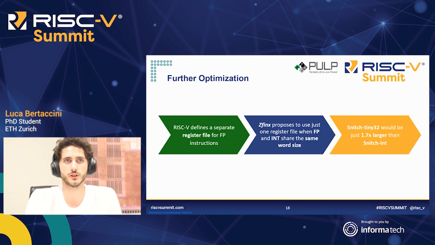So this is not standardized yet, but if we implemented this solution in the Snitch implementation coupled with single precision Tiny FPU, we would achieve a system that supports floating point through a hardware unit that is just 1.7 times larger than the Snitch integer core.